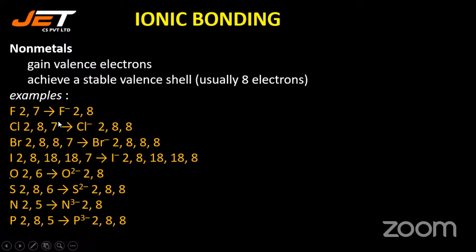Obviously it will face repulsion, but this has been experimented by scientists: is it easier for chlorine to lose 7 electrons, or to gain 1 electron?